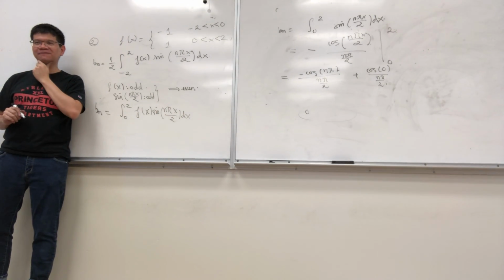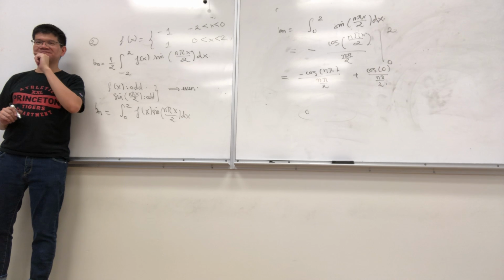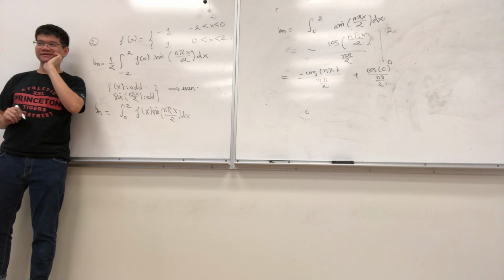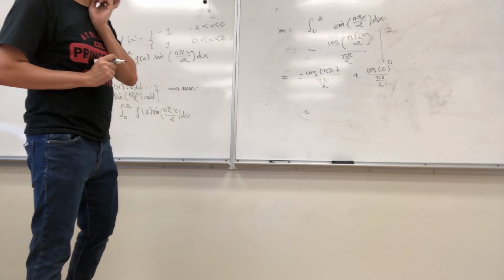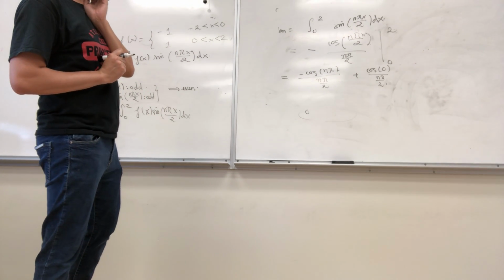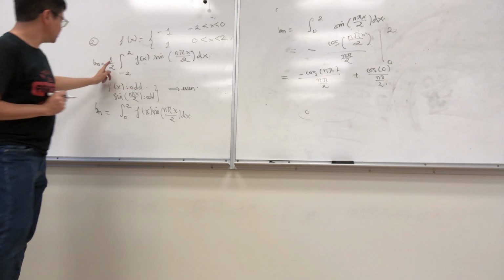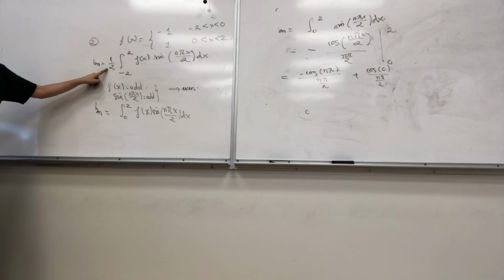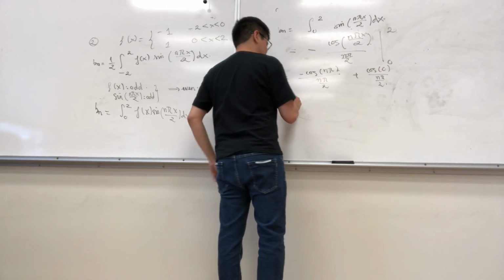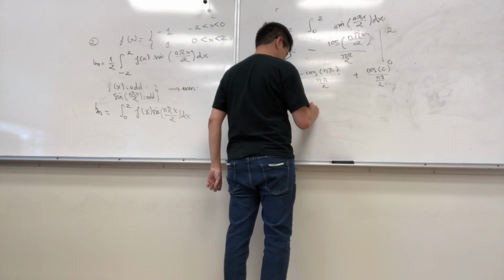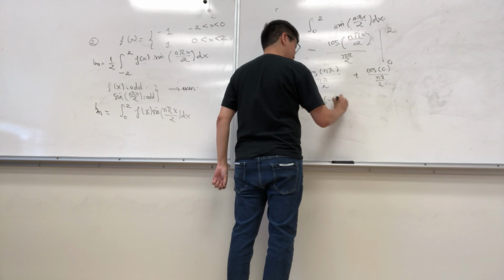So what is cosine of n pi? Yes? Are we forgetting the 2 coefficient for this? No, the 2 is canceled with the 1 half. So here I have 2 over n pi, and I have minus of minus 1 to the n plus 1.